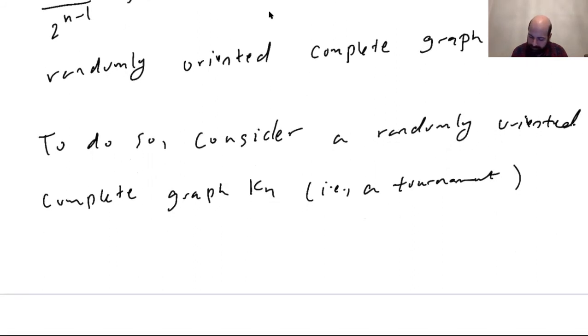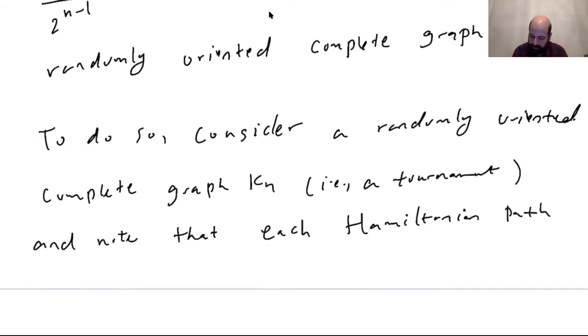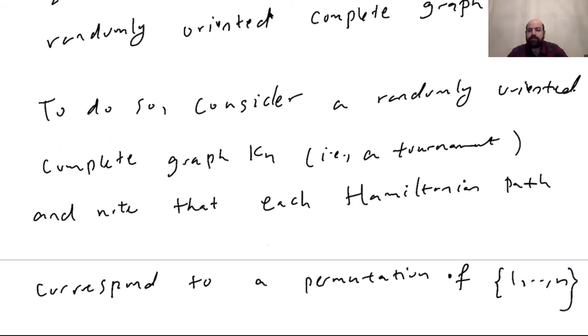And note that each Hamiltonian path corresponds to a permutation of 1 to n. See, Hamiltonian path means what? It means we have to pass through each vertex exactly once and with a direction.